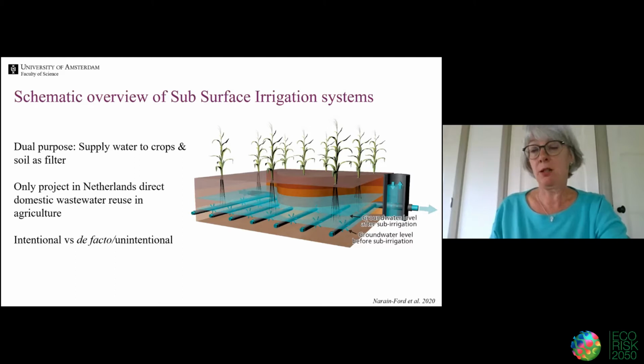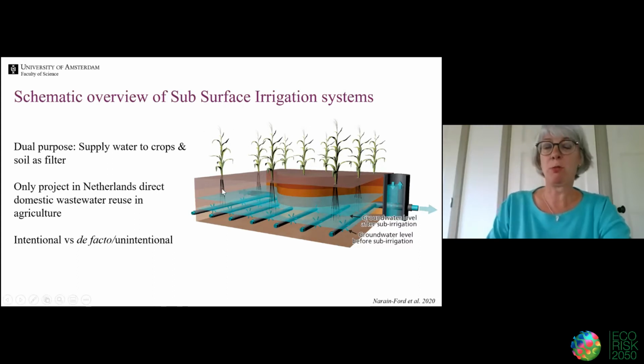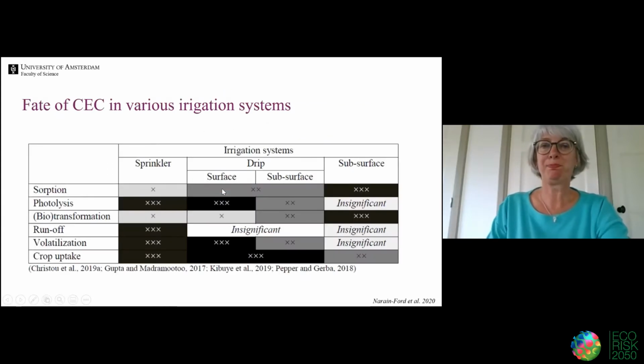It's an intentional system, compared to the de facto unintentional irrigation that is much more often used in the Netherlands. If we compare these different irrigation systems, here you see the subsurface, the drip irrigation system, and also the sprinkler irrigation system.